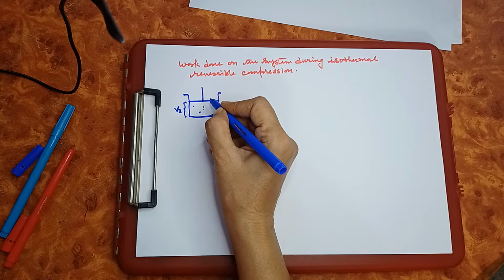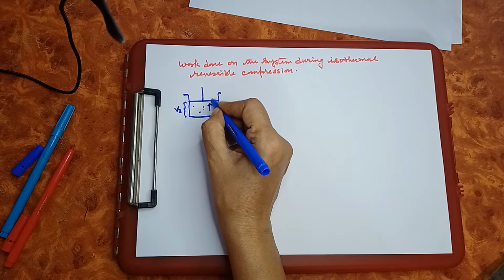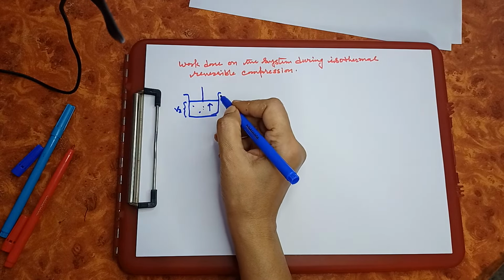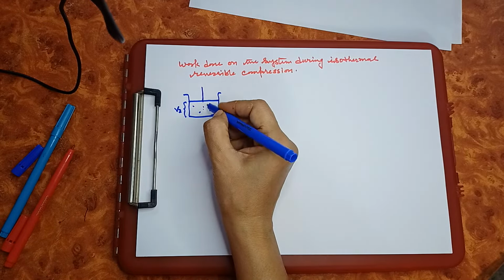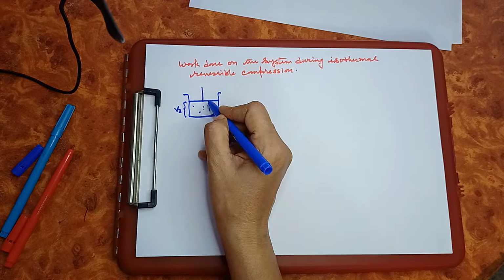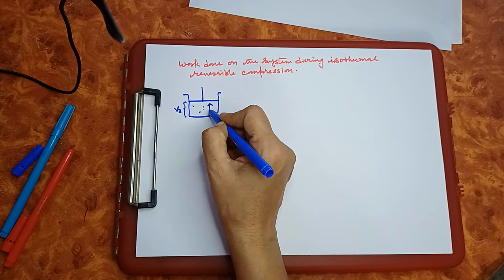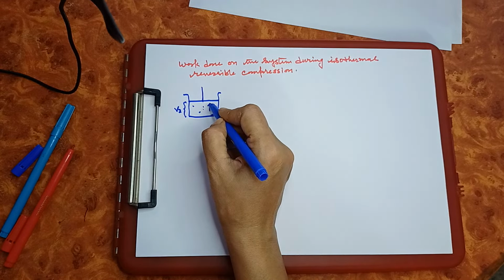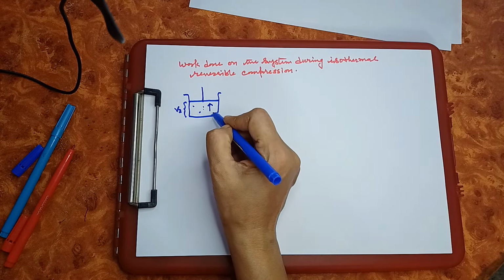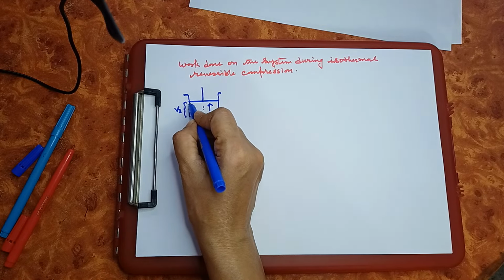When the external pressure is increased by infinitesimally small amount, the gas pressure which is acting upwards will be infinitesimally less than that of the external pressure. So what happened? This piston will move in the downwards direction.